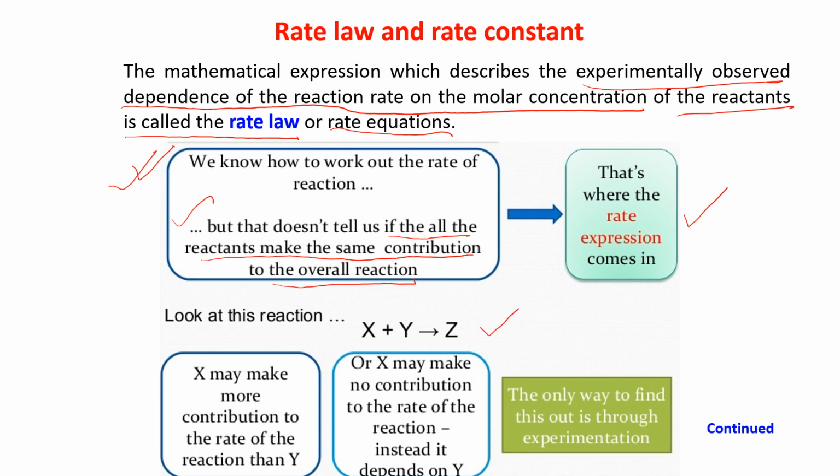Now, X may make more contribution to the rate of the reaction than Y. X and Y both are reacting, but in this reaction maybe X's contribution is more than Y. Or another way can be X may make no contribution to the rate of the reaction, and instead Y is only reacting.